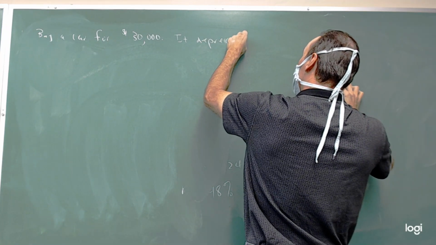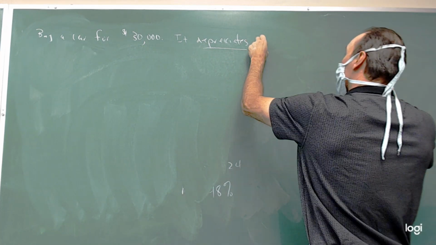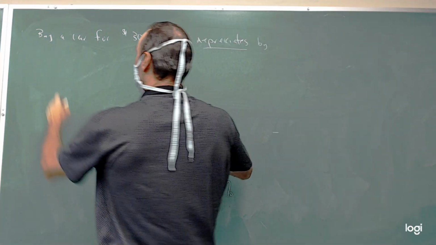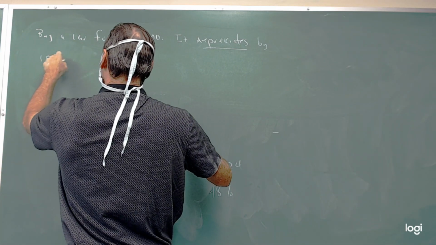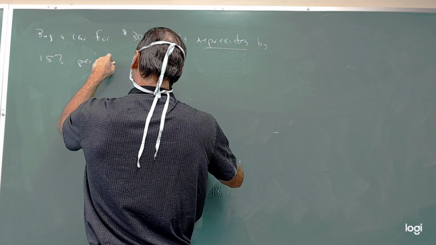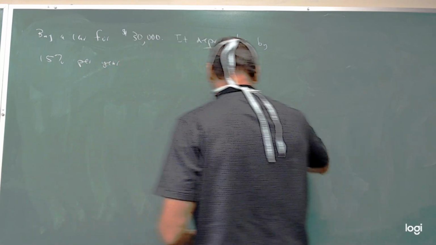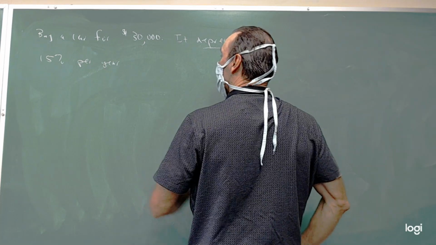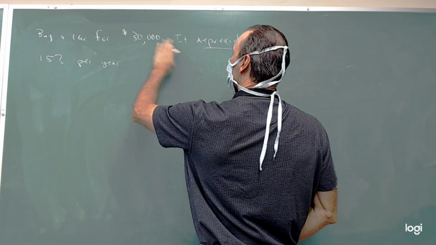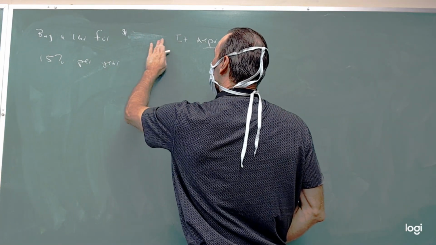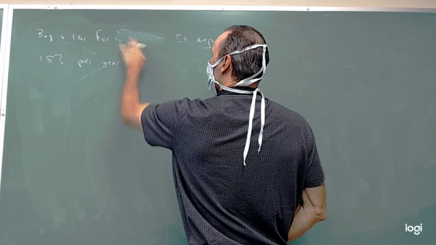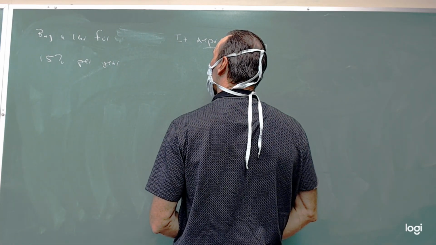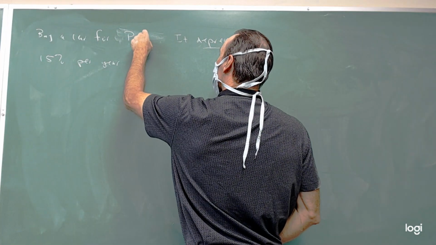That means it goes down in value by, we'll say, 50% per year. Actually, let's not use numbers, because I don't want the 30,000 to get in the way. I want to do it like before. So you buy a car for, we'll say, P dollars.